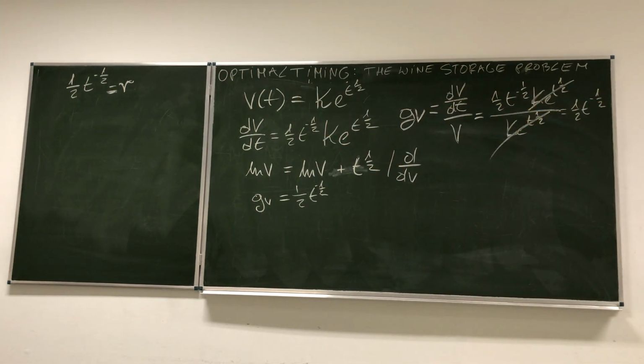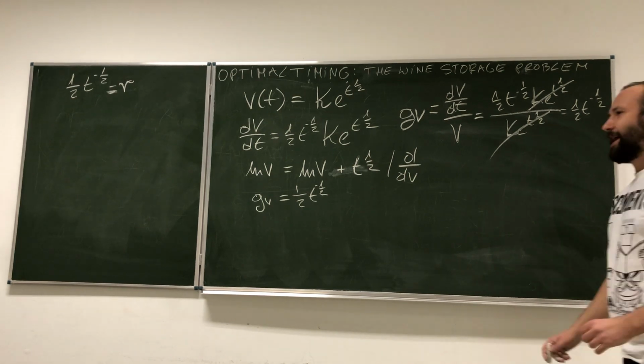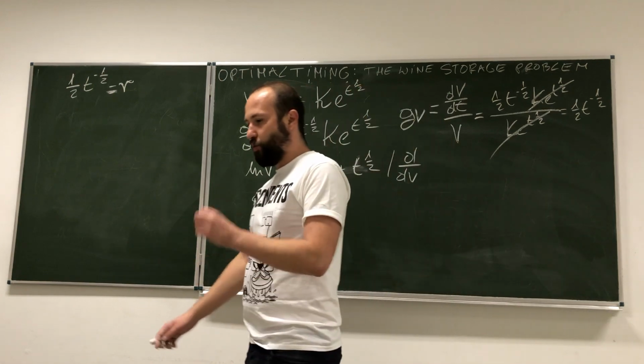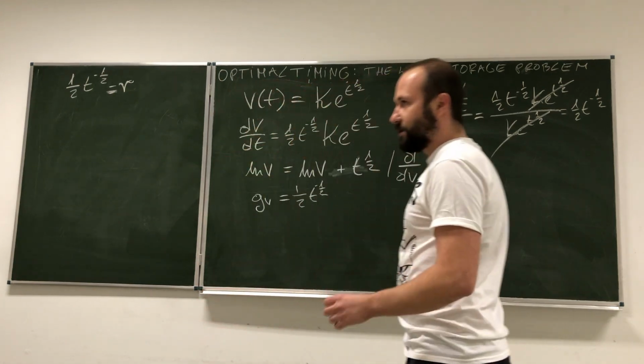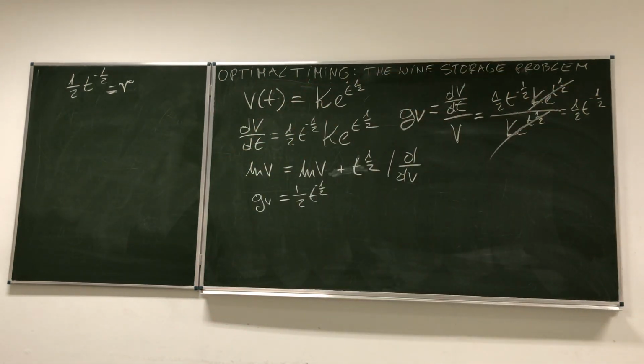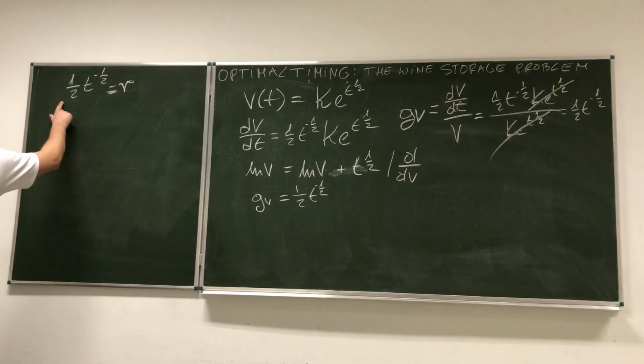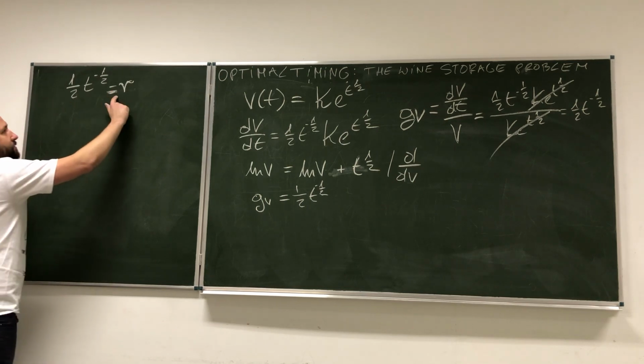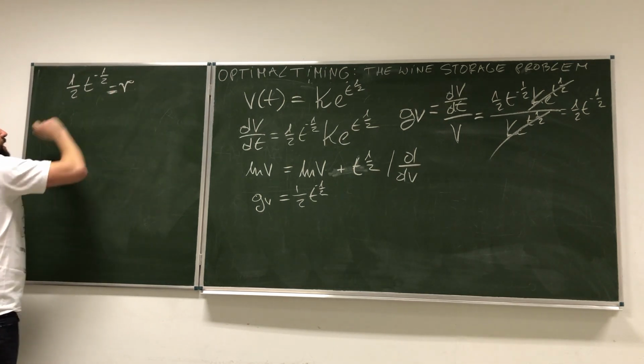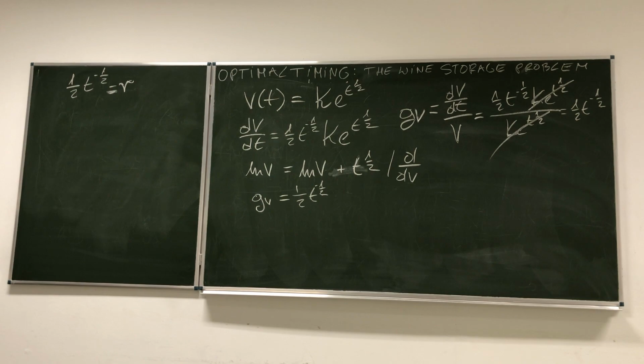Basically, it means that we should sell the wine at the exact moment when the growth rate of the value of wine is equal to the interest rate.